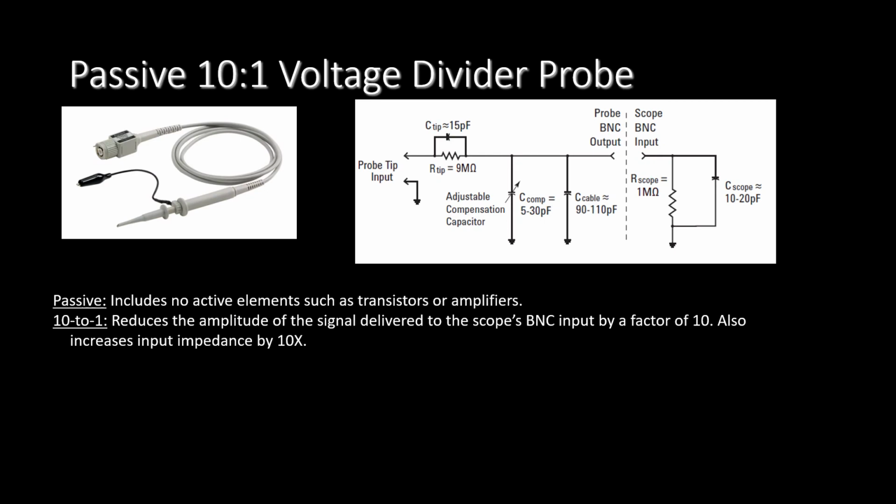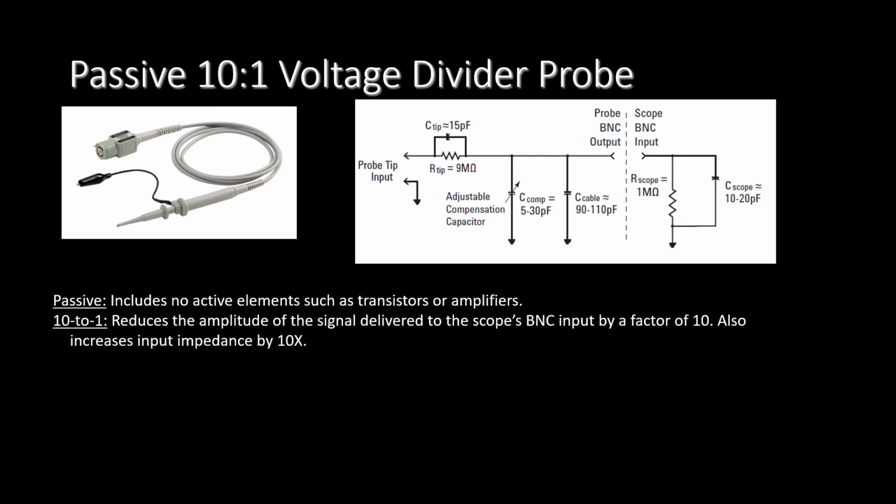Here is an image of an electrical model of a passive 10 to 1 voltage divider probe connected to the input of a scope. The term passive here means that the probe includes no active circuitry such as transistors and amplifiers.